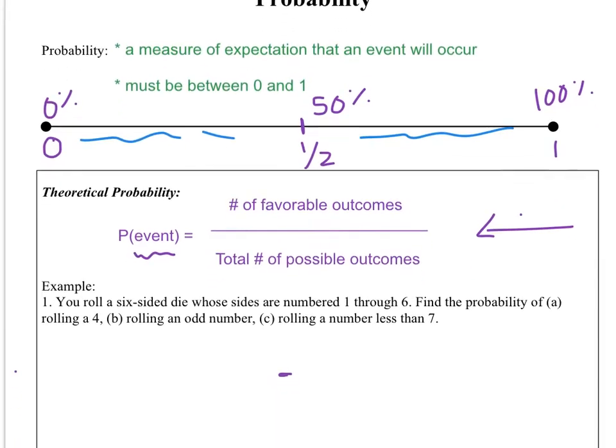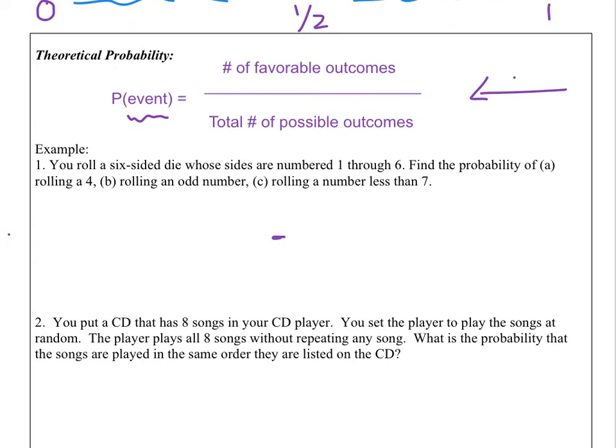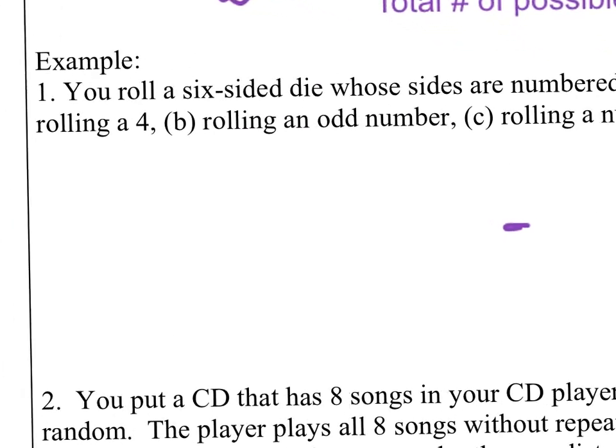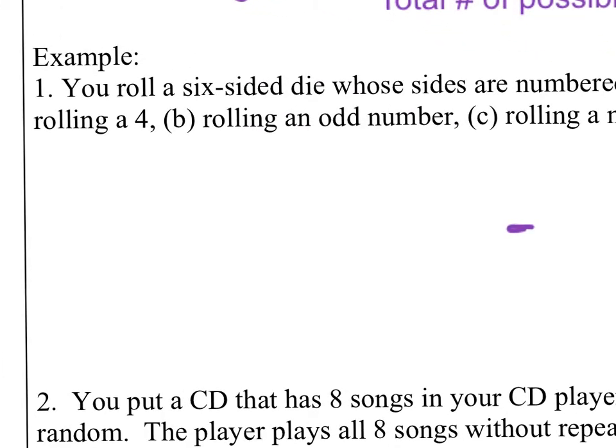So, your example, it says, you roll a 6-sided die whose sides are numbered 1 through 6. Find the probability of rolling A, a 4, B, an odd number, or C, a number less than 7. So first, let's do the probability of a 4. So let me zoom in here. So what would be the probability of rolling a 4?